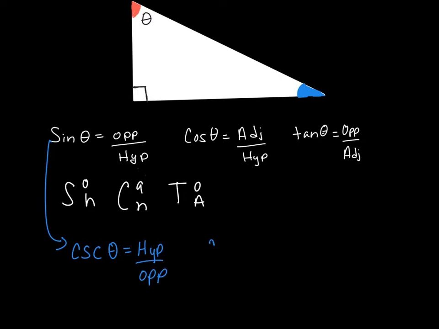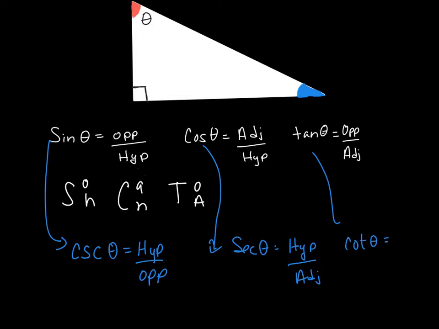The reciprocal of the cosine is the secant, and that becomes the hypotenuse over the adjacent. And the last one, the reciprocal of the tangent, is the cotangent of theta, and that is just equal to the adjacent over the opposite.